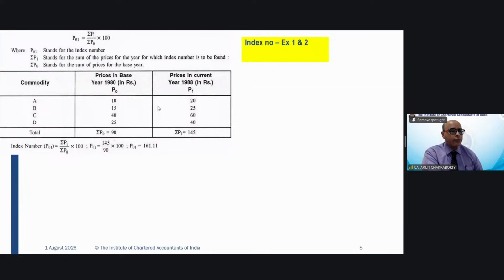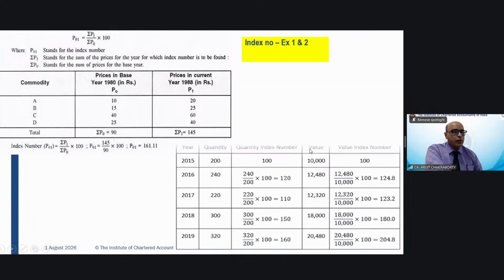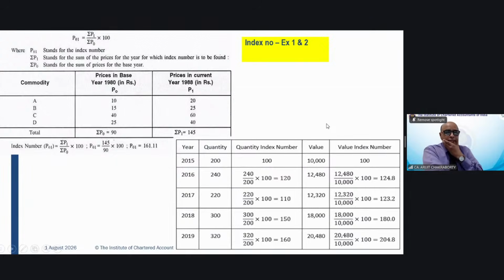Next, we look at the second example for your reference. Here we can see the years 2015, 16, 17, 18 and 19. You can see the quantity, and in the third column there is a quantity index number which is given.